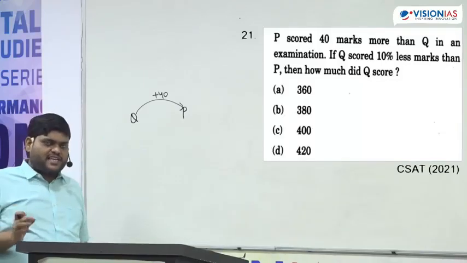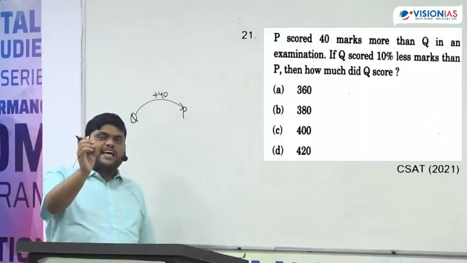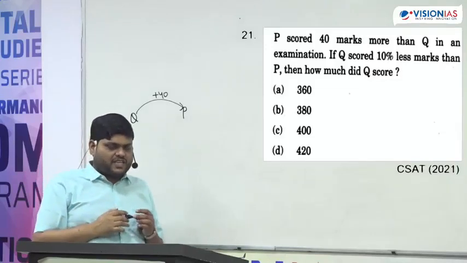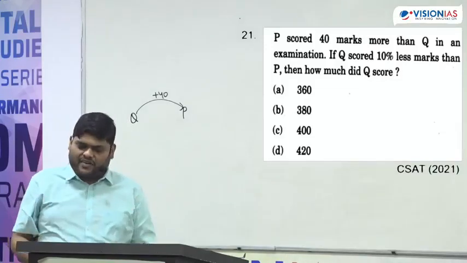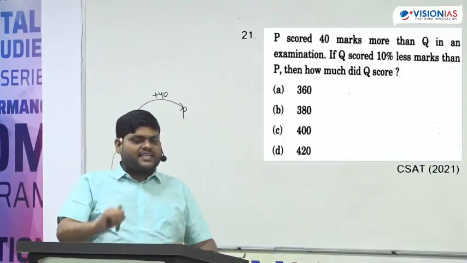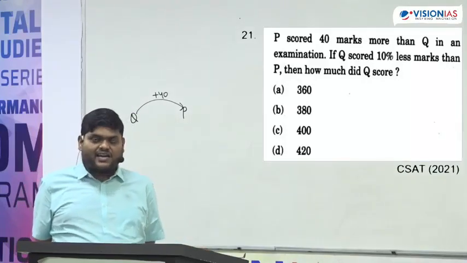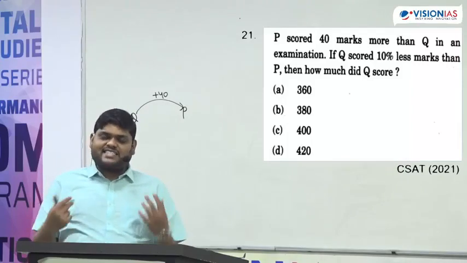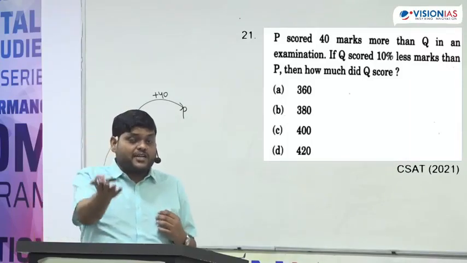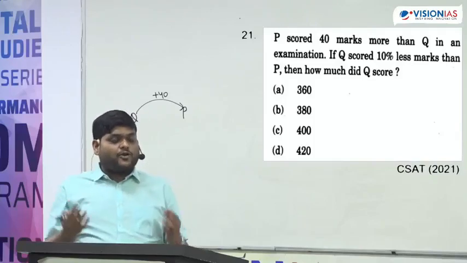The first way: you have 10 rupees more than me. What is the meaning of this? If I have 100 rupees, you have 110 rupees. Or I can say, I have 10 rupees less than you.